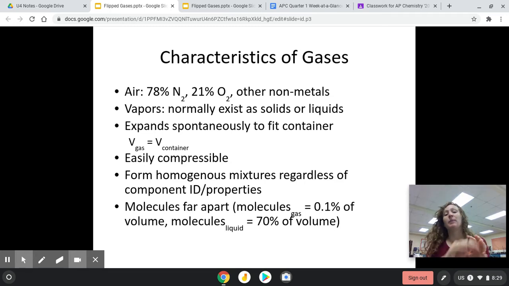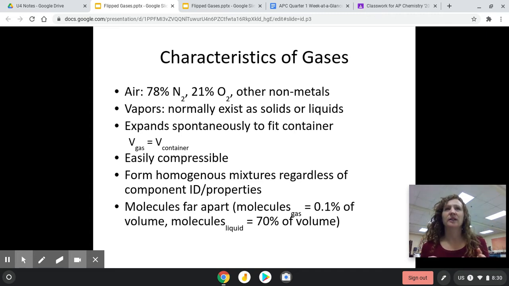If you look at a body of gas, only about 0.1% of that volume is actually taken up by the molecules themselves, the protons, neutrons, and electrons that make up those molecules. So that's not a very big part of the volume of a gas. If you blow up a balloon with gas, the majority of what's in that balloon is actually space. And because the molecules are so far apart, they really don't interact with each other very much at all, especially not under normal standard conditions.